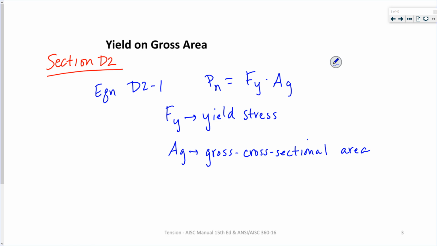And for the limit state of tensile yielding, my phi factor is 0.9.